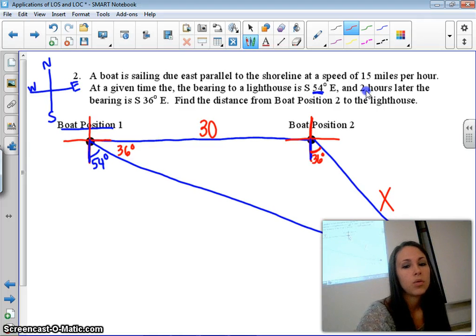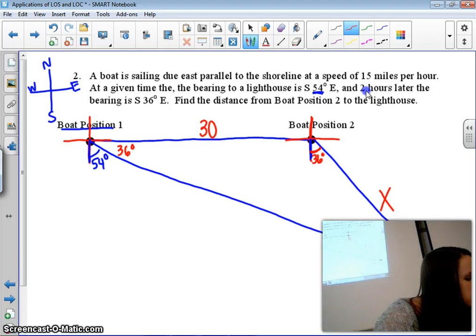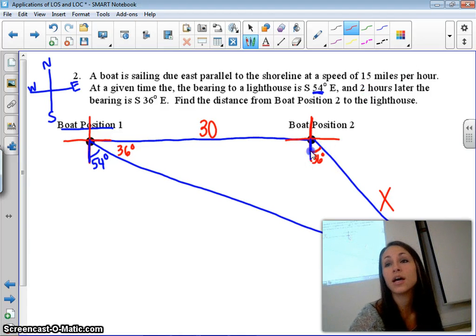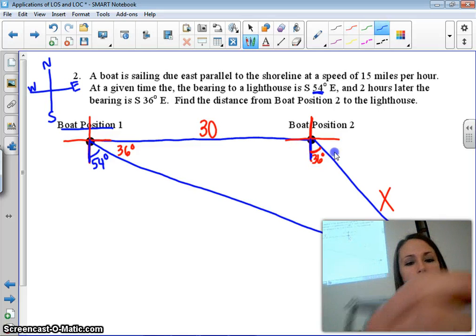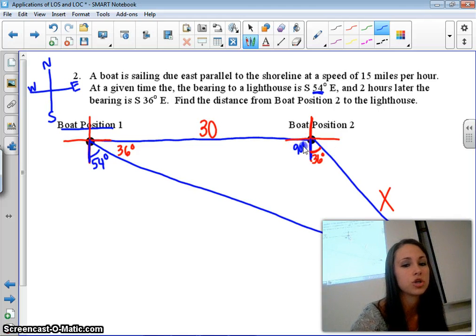Alright. Now, am I given a pair of anything? Can't you just add 90 and 36? Yes, that's what I'm going to do right here. So what would this total angle be? 126. So what Alex said was I'm going to take 90 degrees and add it to 36, because this is a 90-degree angle.